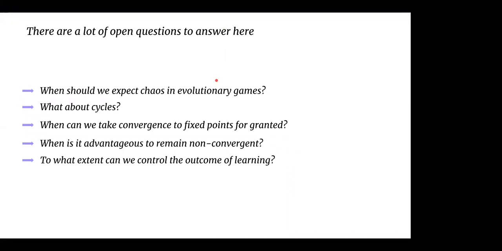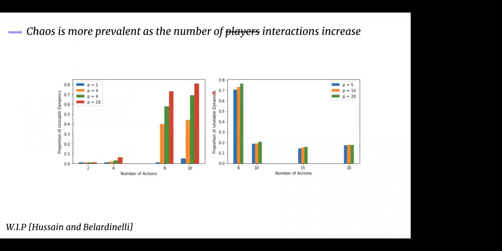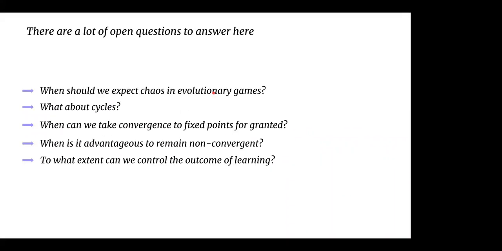Yeah. About the last thing that you said, what do you mean by controlling the outcome of learning? Okay, it's a really interesting question, actually. The replicator dynamic is a dynamical system just like any other, right?